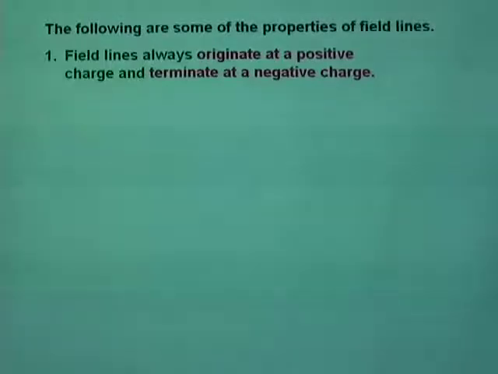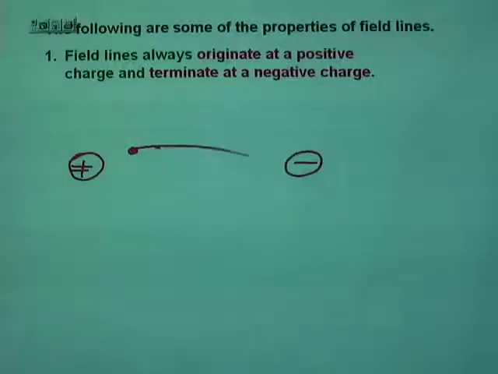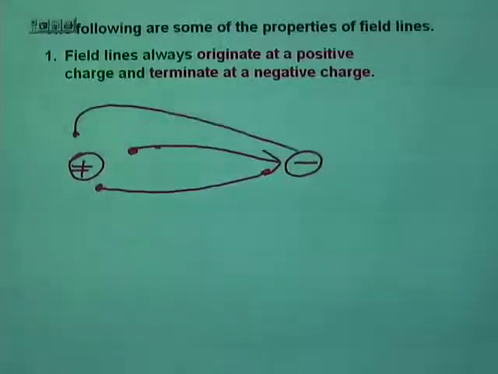Suppose I have a positive charge placed here and a negative charge placed there. And I have a test charge. A test charge is a unit positive charge. You can see that will move away from the positive and towards the negative. If you place it there, it will go that way. If you place it there, it will go that way.